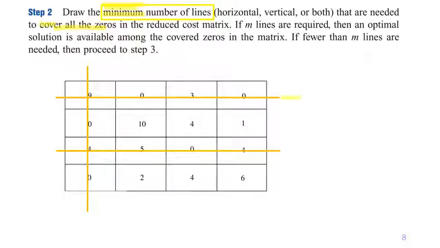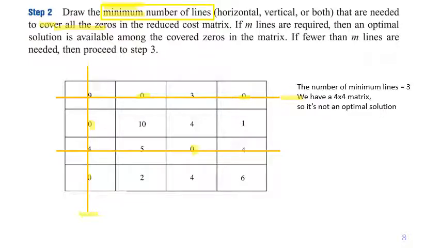This line covers 2 zeros here, and this line also covers 2 zeros, and we must add that line to cover the other 0. Because our number of lines equals 3, but we have a 4 by 4 matrix, this is not an optimal solution.